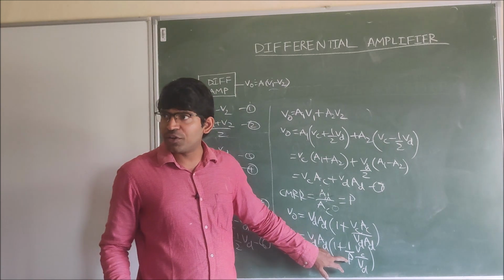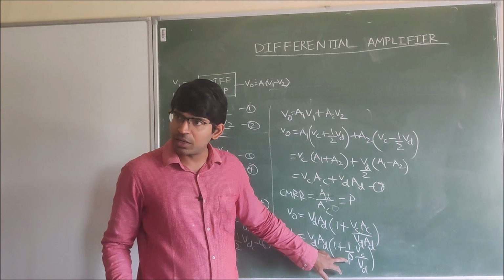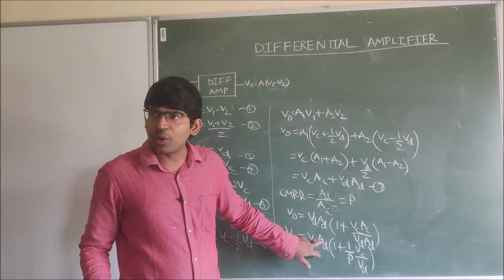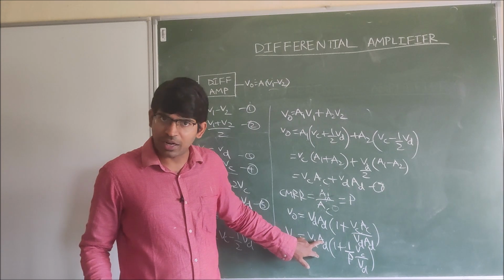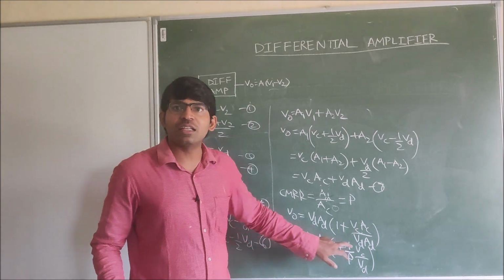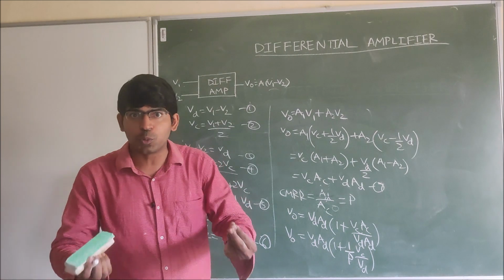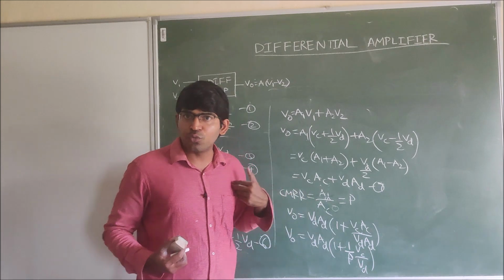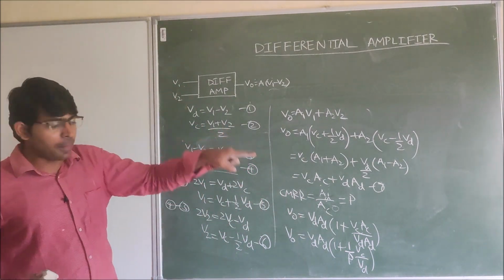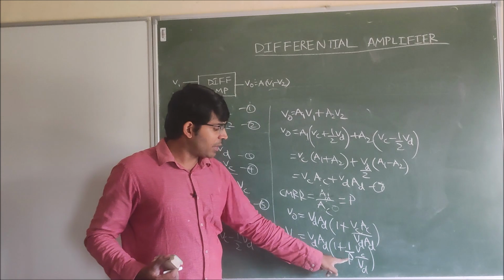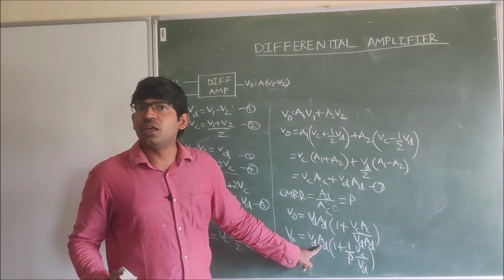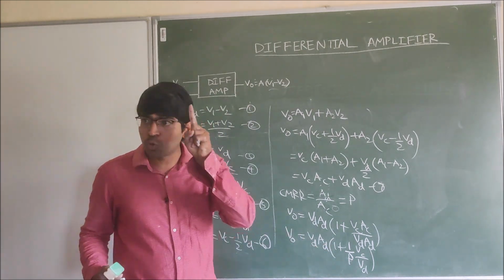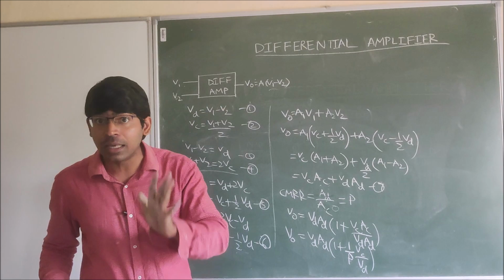We get this CMRR value and the differential gain value from the manufacturer of that particular IC. We have to calculate Vc and Vd because we give our input signals. In our hands we have Vd and Vc because we know V1 and V2. From these values we can calculate the output voltage practically.